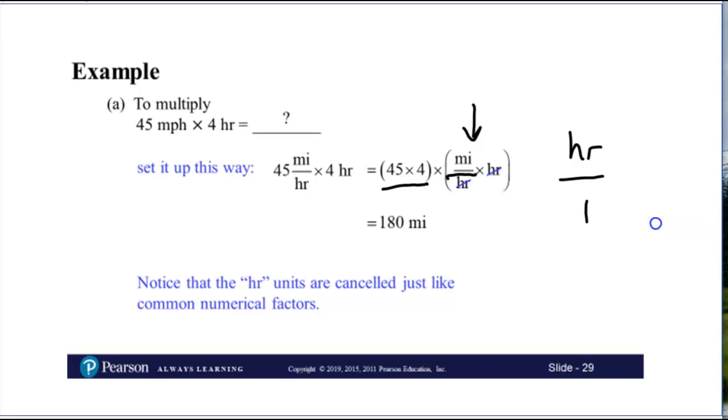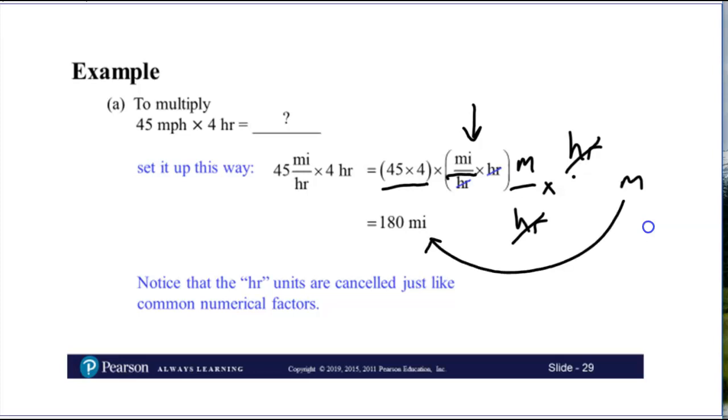So in this case, this is miles per hour times the hour, or the way that they have it here is just by the hour. And then in this case we'll cancel the hour, because hour divided by hour leaves us just the number 1, because they cancel each other out, and we end up with miles, and that is what we end up with right here after we get 45 times 4.